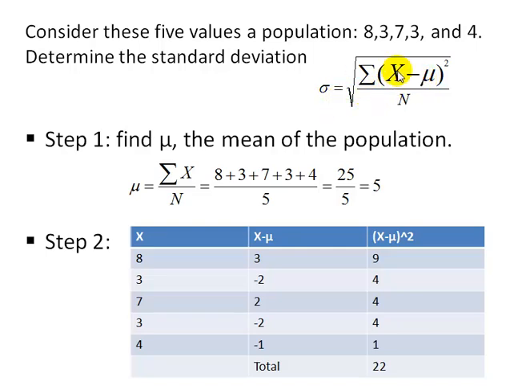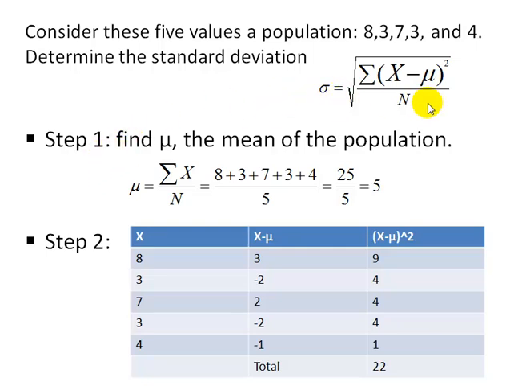Sigma equals the square root of: x, again, any particular value in the population, minus mu, where mu is the population mean, the average of this group of data. Square x minus mu, sum all of them up, divide by n, then take the square root. That's the formula for the standard deviation. So how do we calculate it?